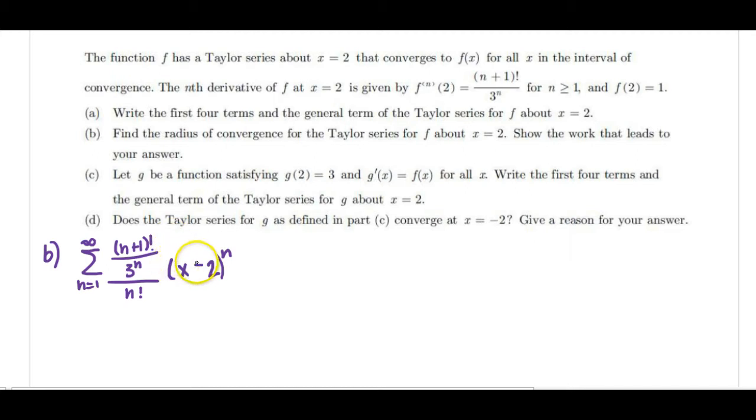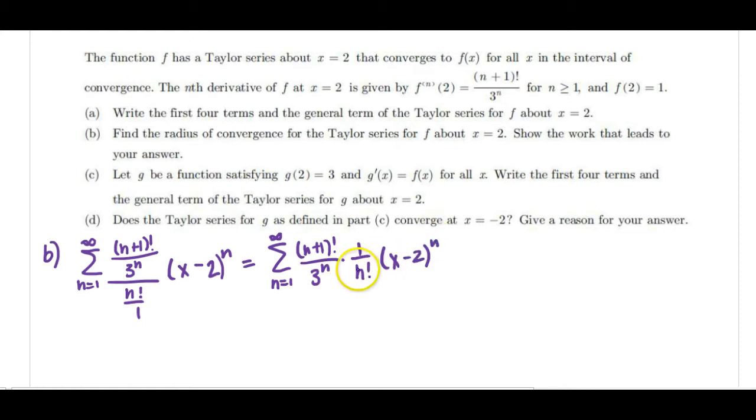If we want to find the radius of convergence, since this is not a geometric series, we're going to have to use the ratio test. Now, before we use the ratio test, I'm going to do some simplifying of the n factorials already. This first part, (n plus 1) factorial over 3 to the n, is divided by n factorial over 1, which is like multiplying by the reciprocal.